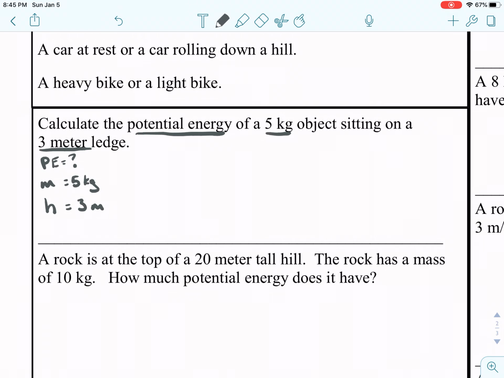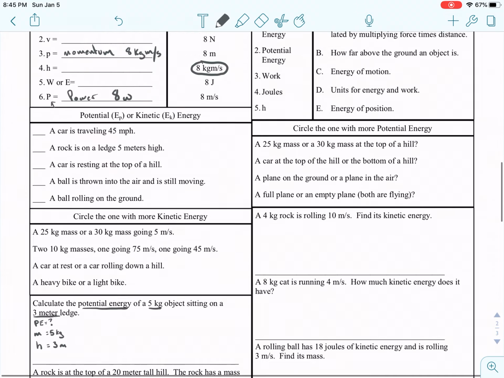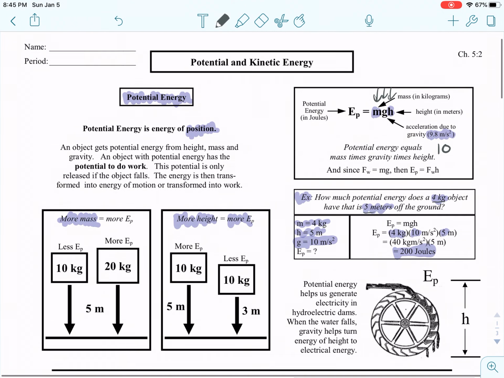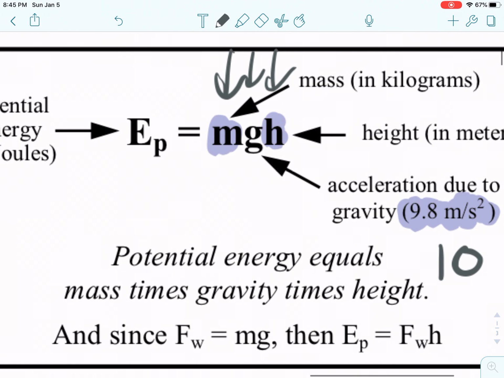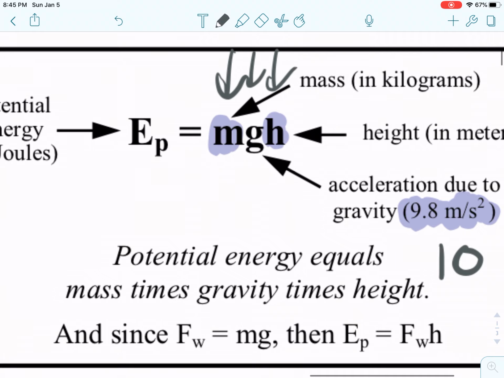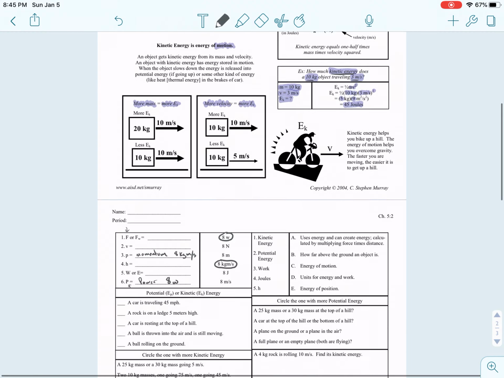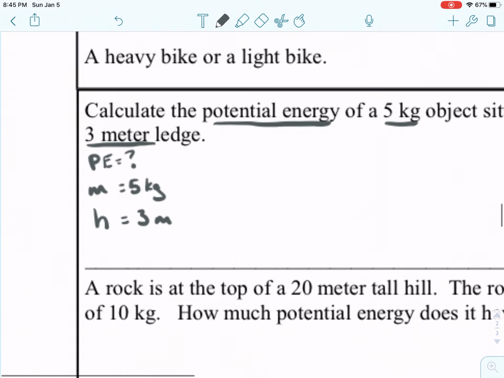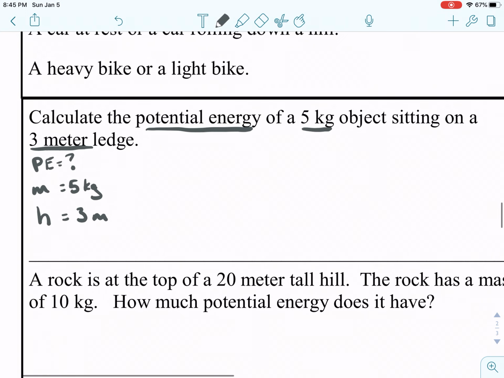And if we look back up at the top of this sheet, which we could zoom out and go all the way up here, or you have it in your notebook, you can see that potential energy is equal to mass times gravity times height. So now I'm going to zoom back in down here. All right. So potential energy is equal to mass times gravity times height.